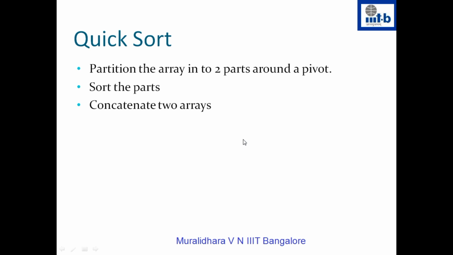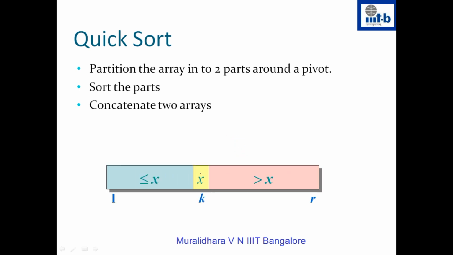In the quicksort algorithm, first we partition the array into two parts around the pivot, sort these two parts recursively, and concatenate the two arrays, for which we almost have to do nothing. The pivot is x here.